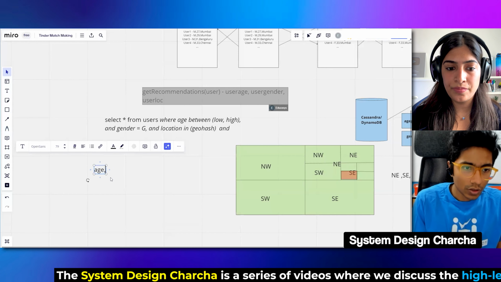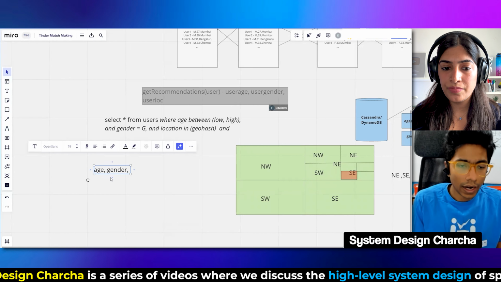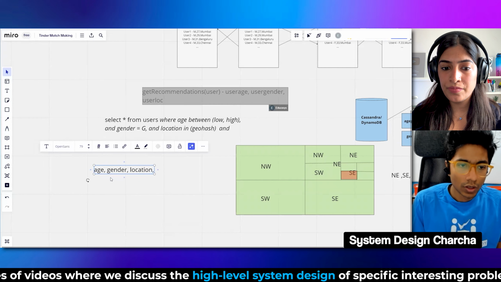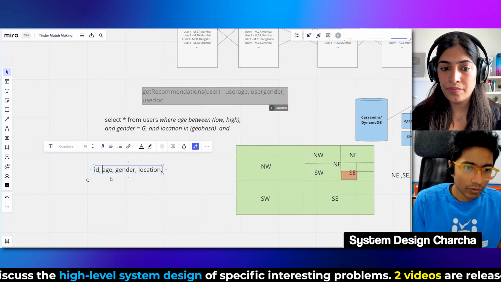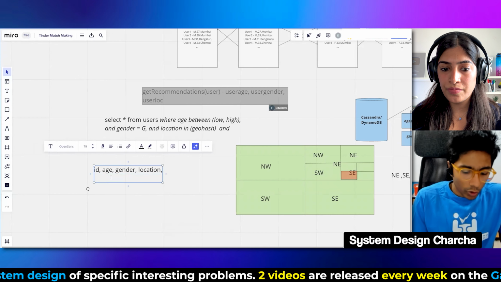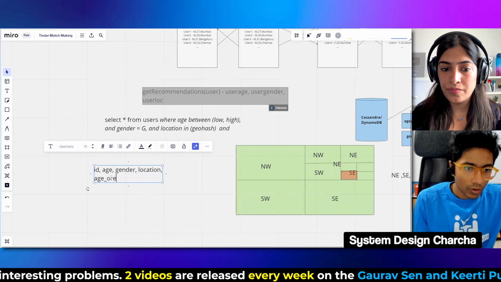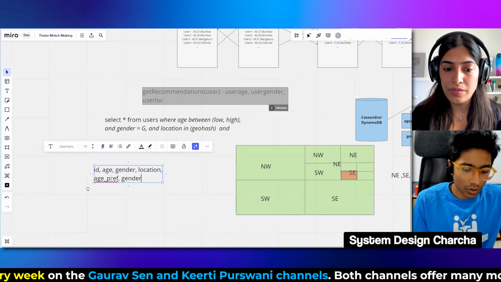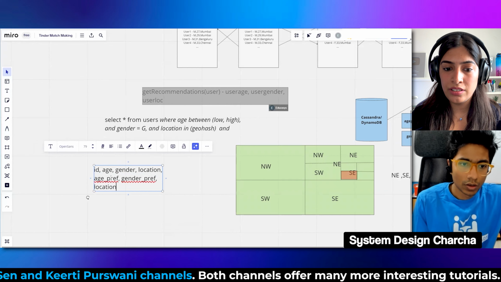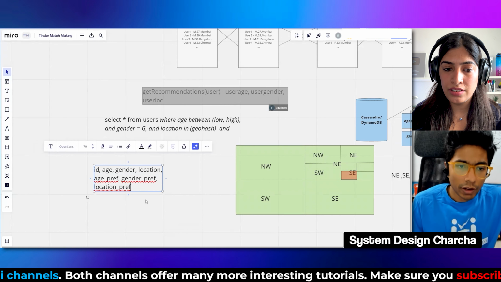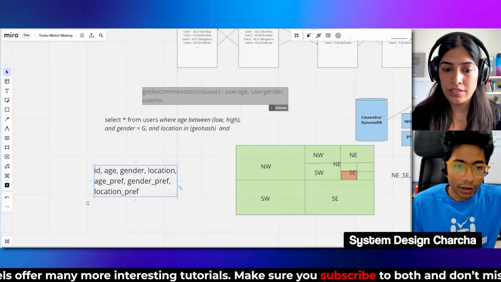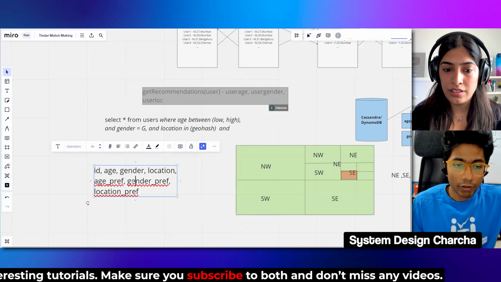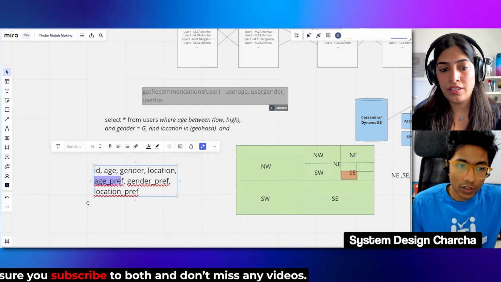A user has an age, they have gender, and they have location. They'll also have an ID, which is fine. Now they also have age pref, gender pref, location pref. Age pref is an age range.